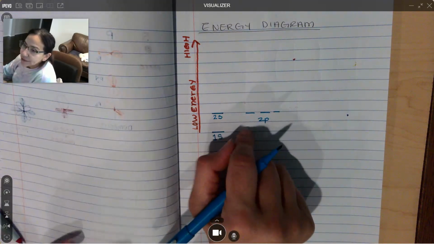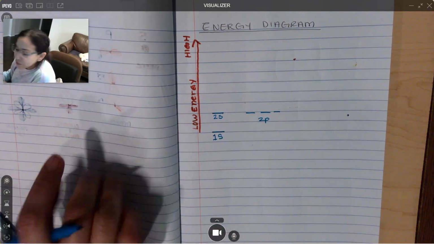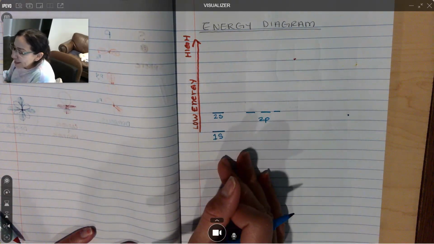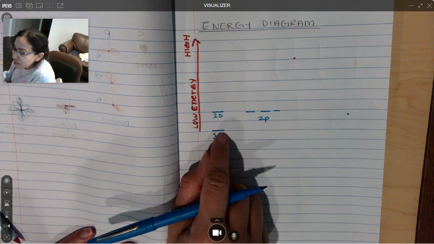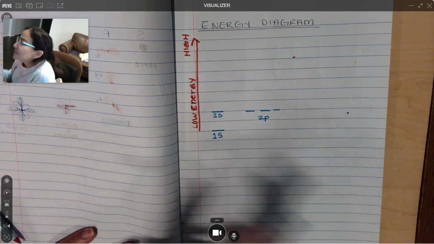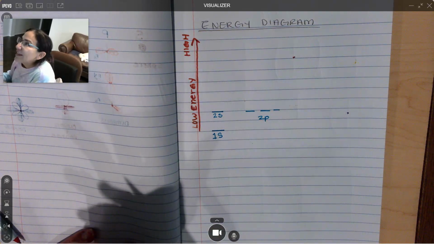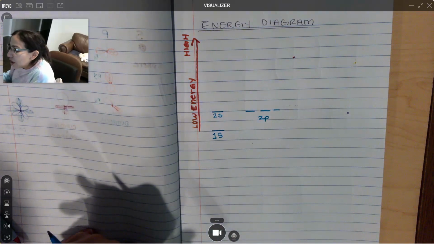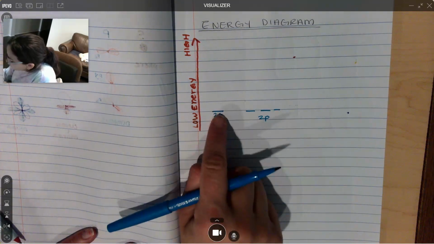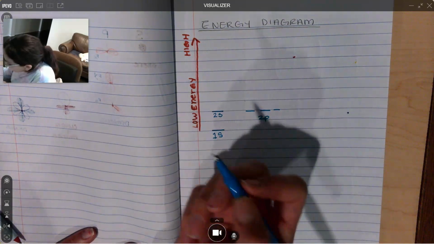Okay, now instead of drawing the orbitals that we did on the last page, we're just going to put a little line. That little line represents the shape. We are not drawing the shapes to put the electrons in them because that's going to take a lot of time, a lot of paper, and we don't have time for that. So we put little lines to represent those shapes.